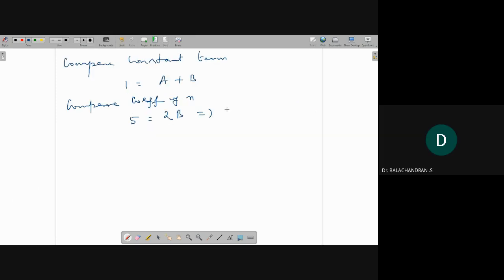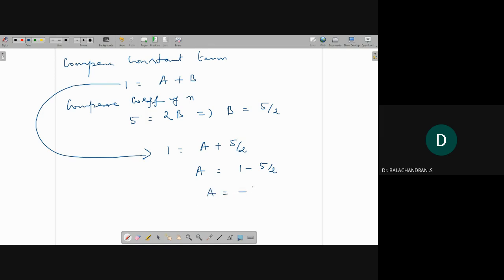So this implies b equal to 5 by 2. If I substitute b equal to 5 by 2, 1 equal to a plus 5 by 2. So a equal to 1 minus 5 by 2, a equal to minus 3 by 2, and b equal to 5 by 2.